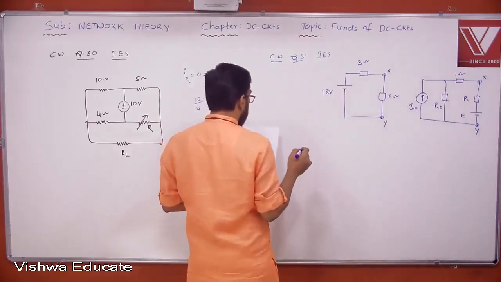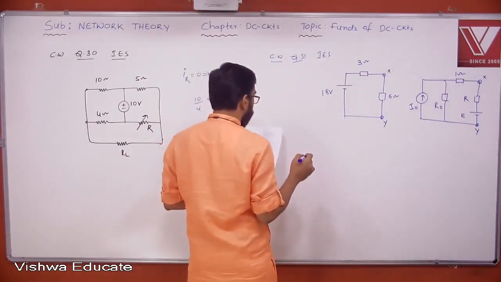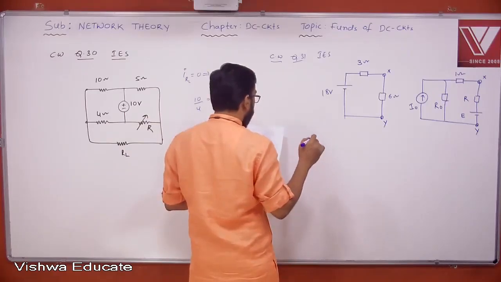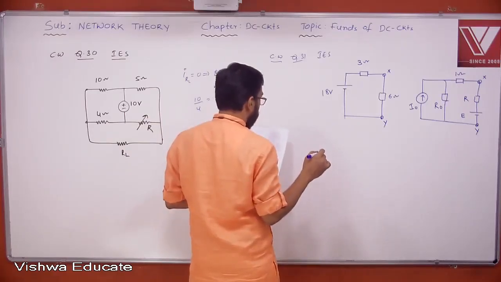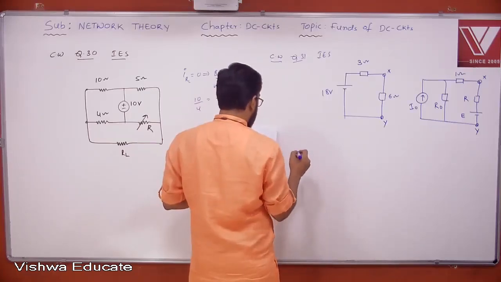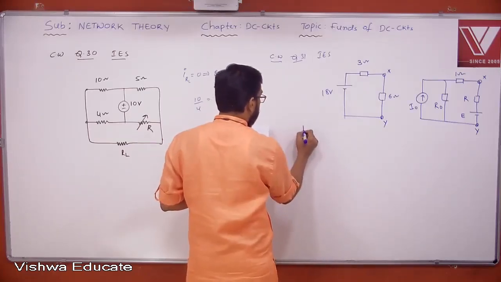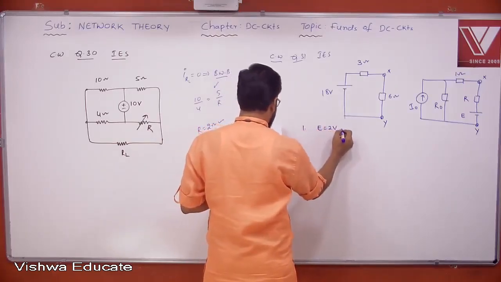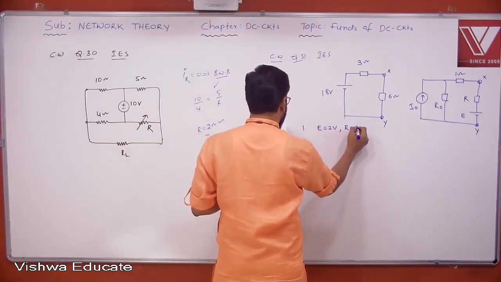So read the question here. If the two circuits shown below are equivalent, then which of the following is correct? So this is the data given. E is equal to 2 volt, R is equal to 5 ohm.